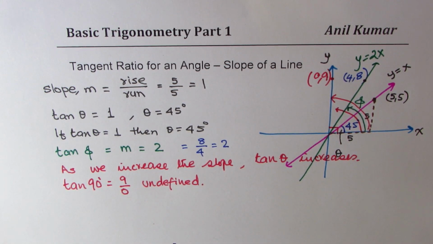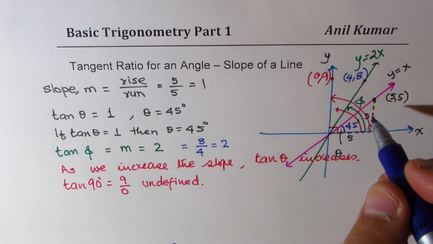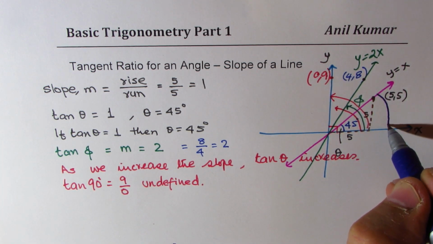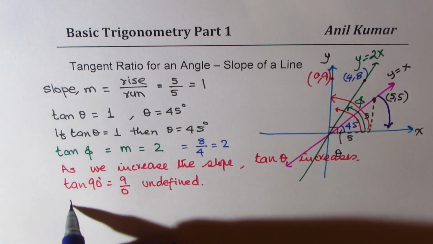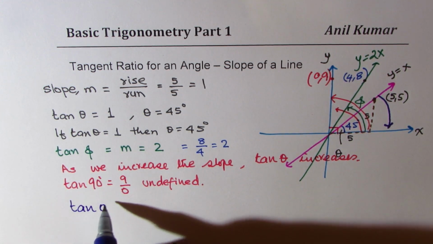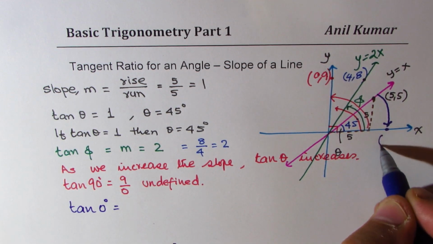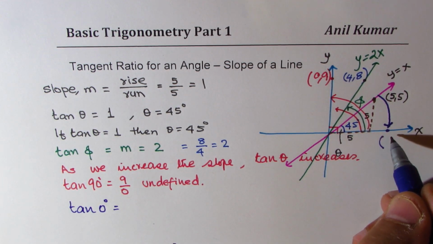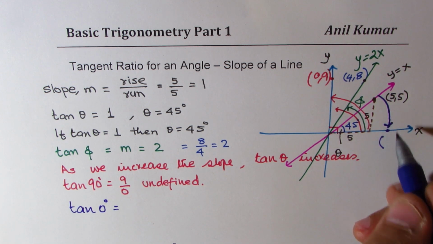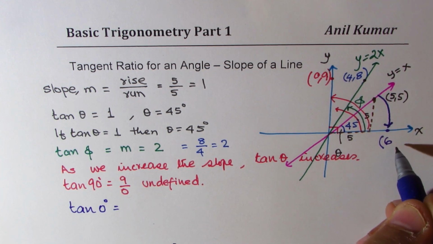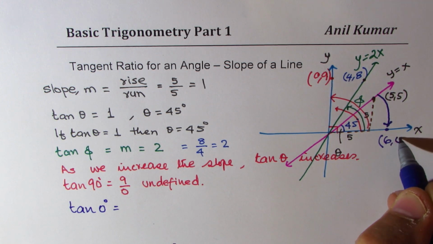On the other hand, if we consider decreasing the slope, that is bringing this down to 0, and we want to figure out what tan 0 degrees equals, then any point here could be considered as the x-intercept where the x value could be, let's say, 6 and the y value is 0 for sure.